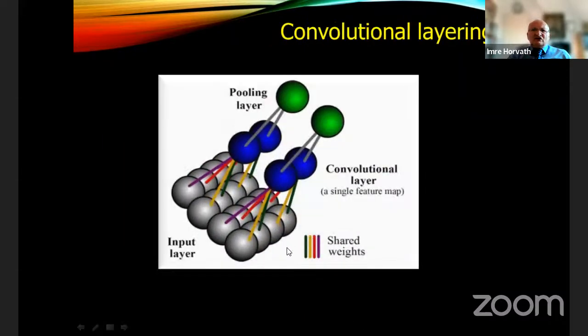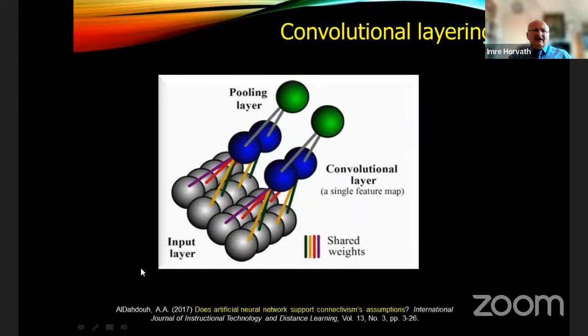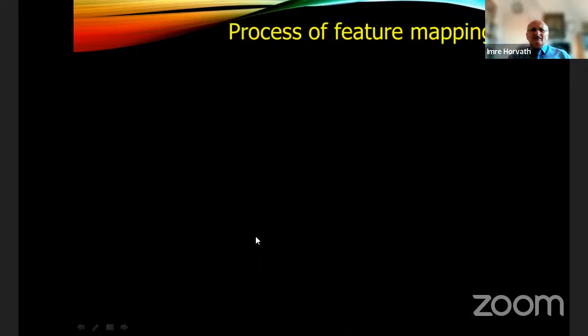The convolutional layering is very well explained in a particular paper which I put here as a kind of reference, and the role of the pooling layers, the convolutional layers with regard to single feature maps, as well as the shared weights are very well explained and exemplified in this particular paper.